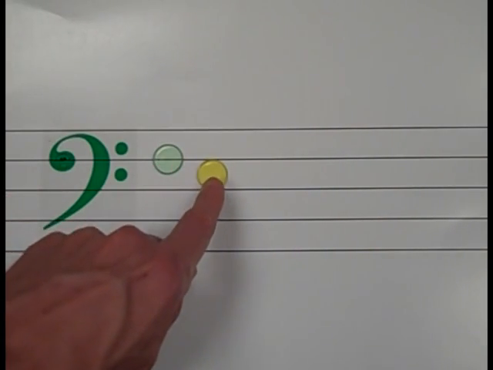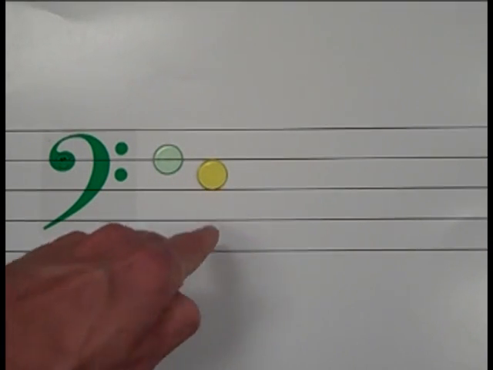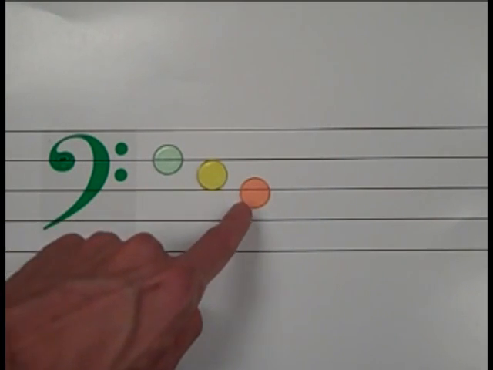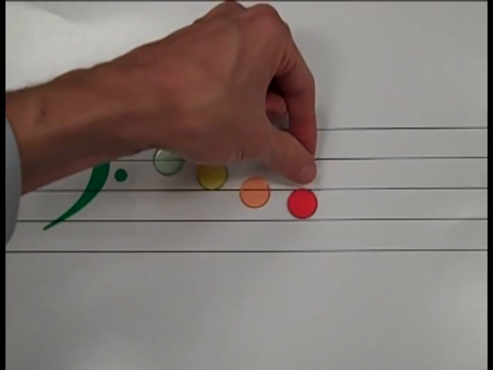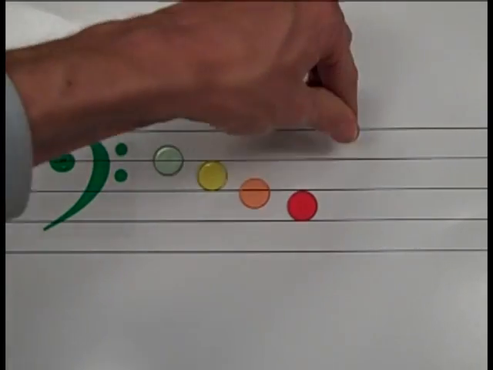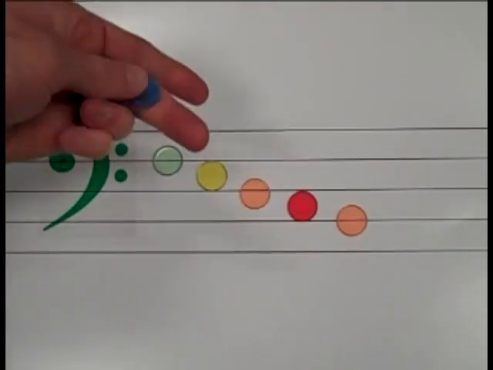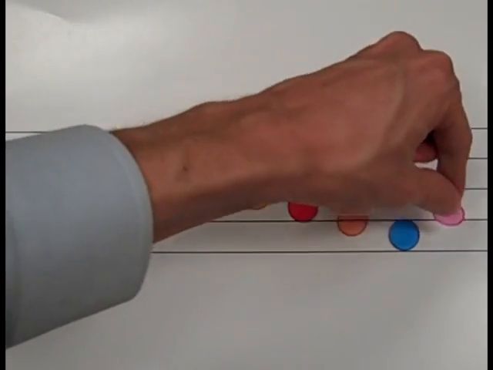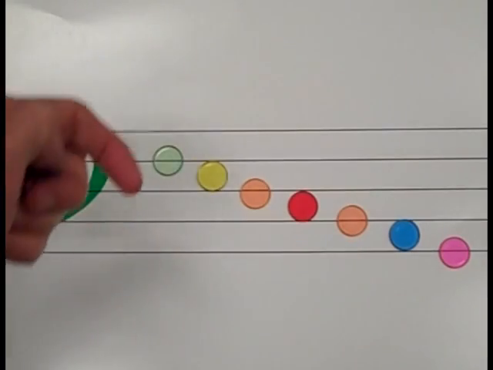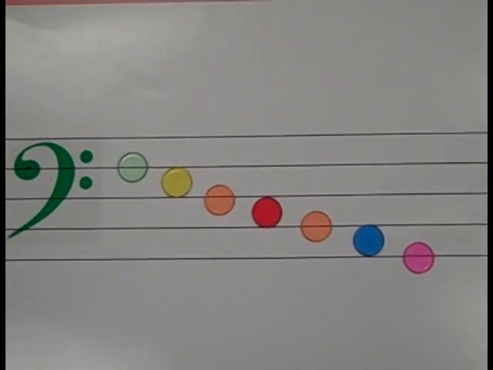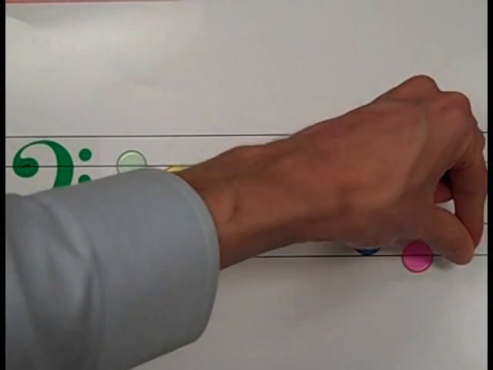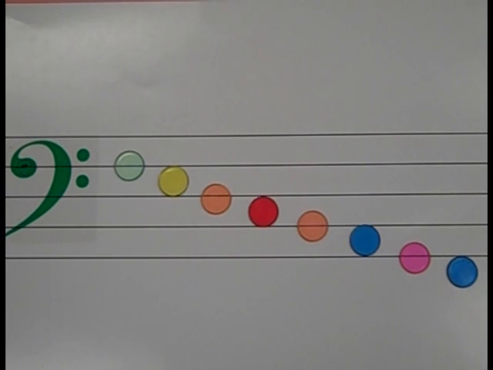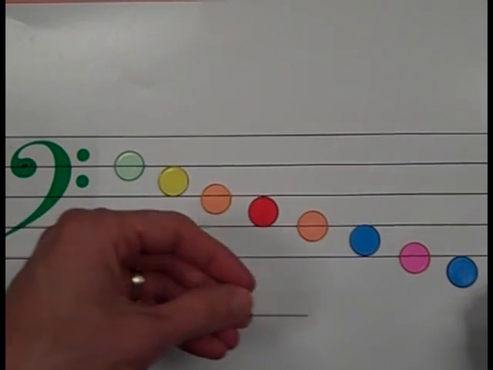So if this is F, F steps down to E. Now tell me the name of each note as I place it. D, C, B, A, G, F.